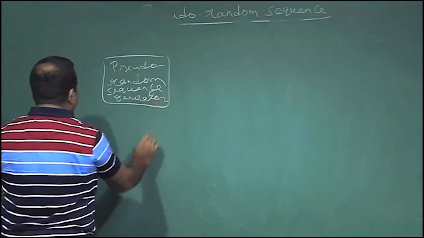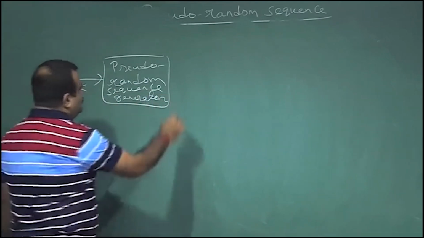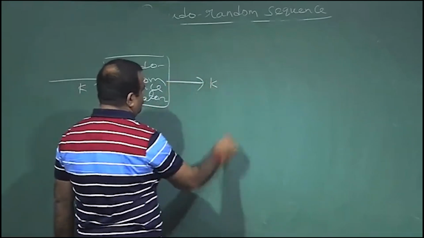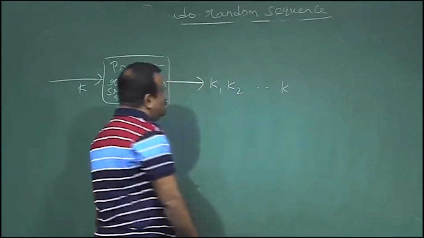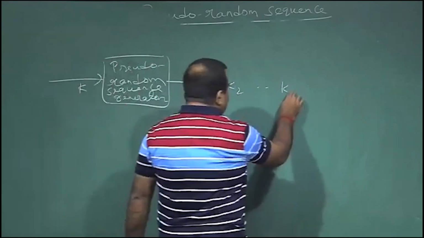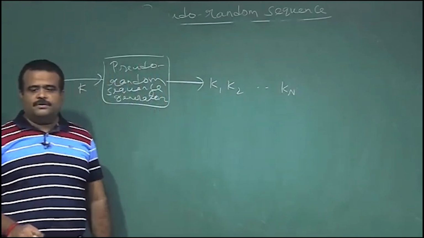Basically, this is a keystream generator which takes the secret key k, and it gives us the keystream k1, k2, ..., kn, however many keystream bits we need, but it has a period. We will come to that, what we mean by the period of a keystream.